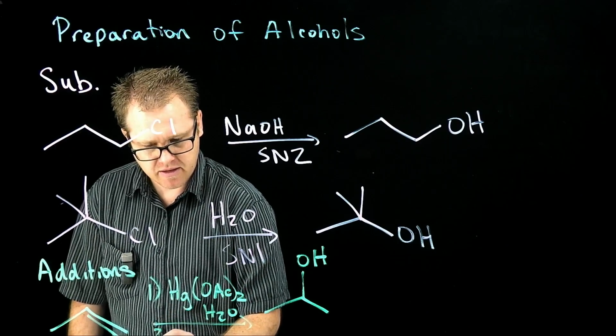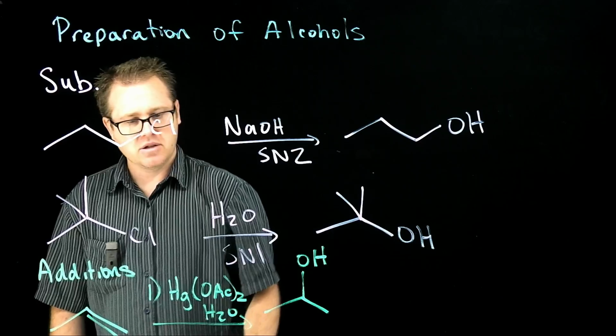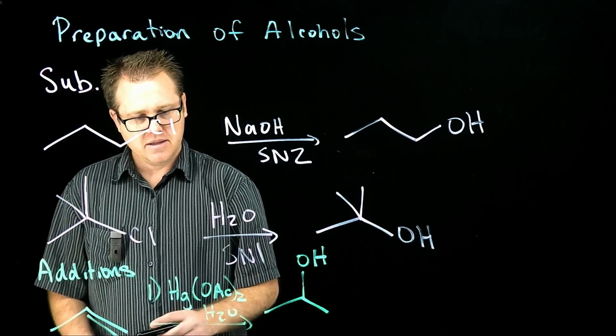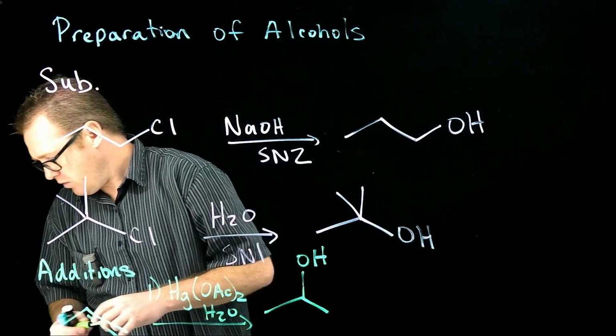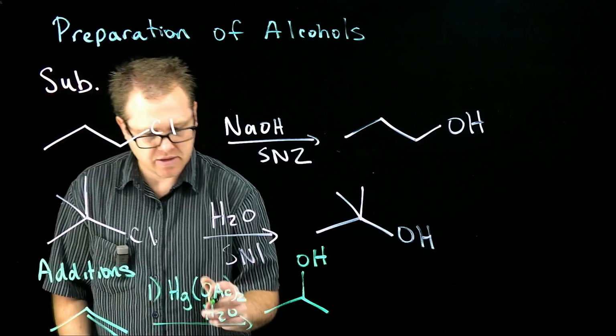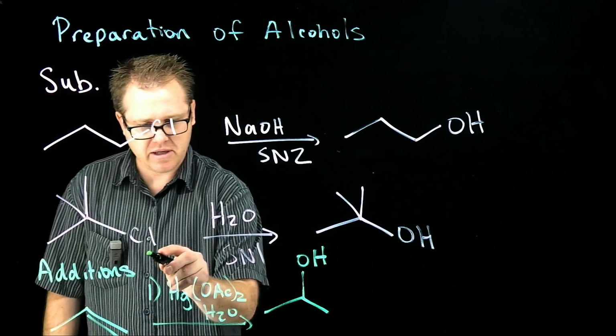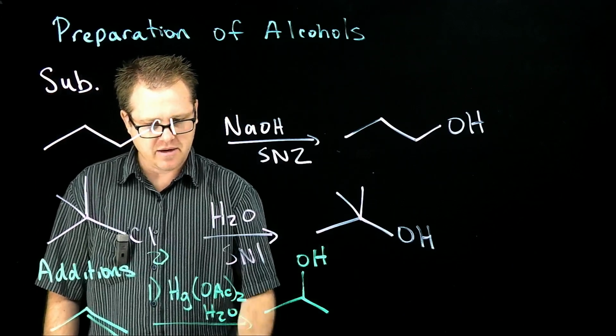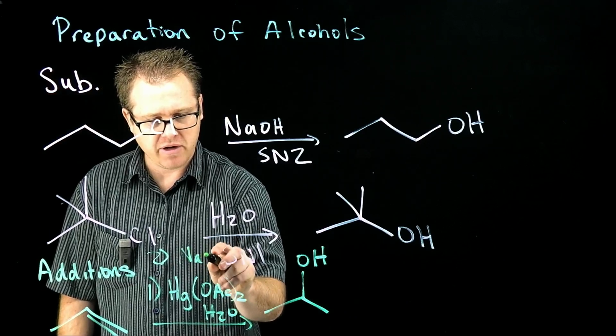Yeah, you can't see that. So step 2 would have to be the reduction. So step 2, let's put it up here. I know that's a little unorthodox here, but that's when you treat it with sodium borohydride.